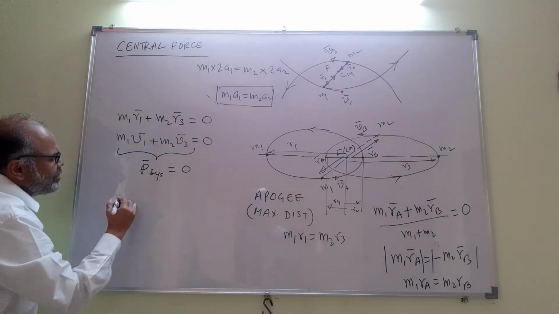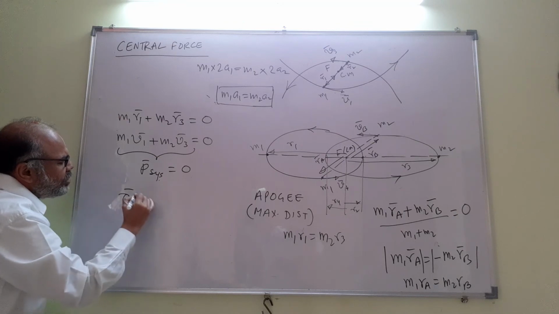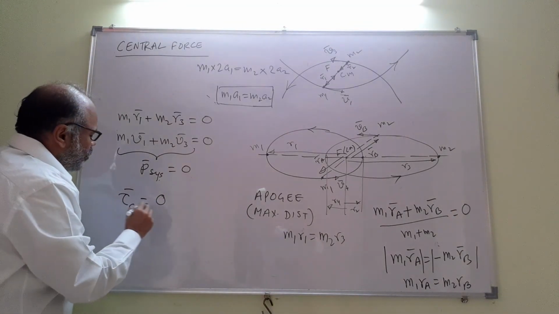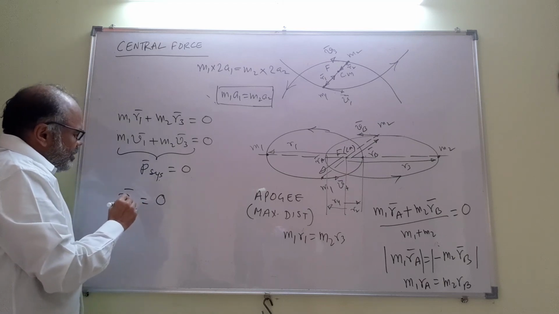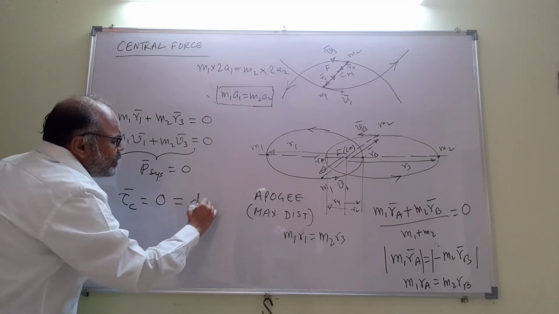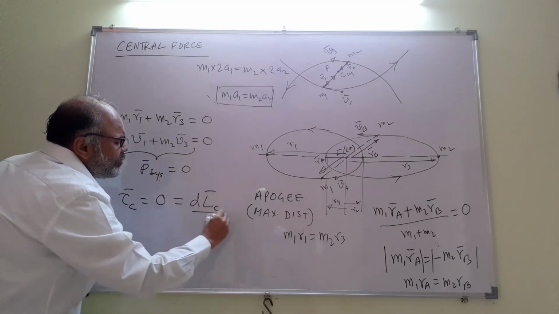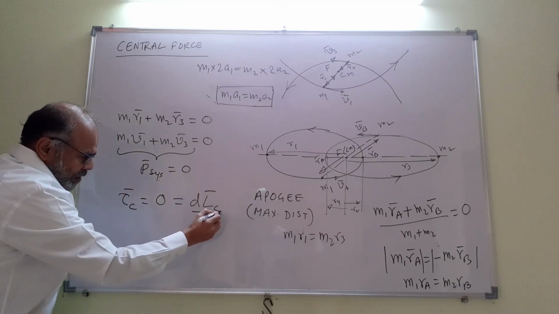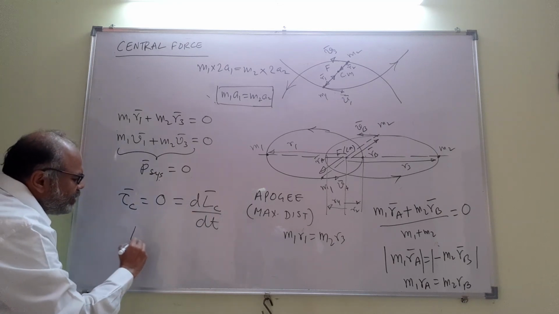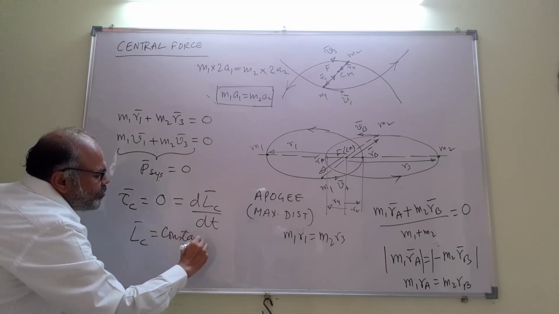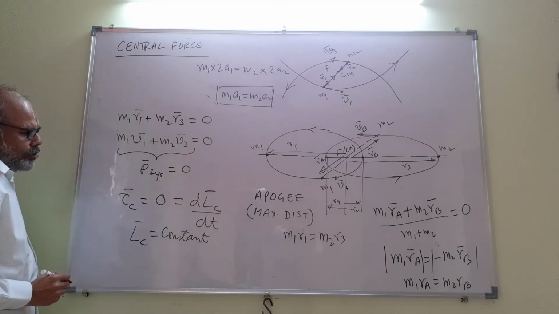So we can say the torque of the forces about the center is 0. Because torque is the rate of change of angular momentum about the center, we can say LC is constant. The angular momentum of the system is constant.